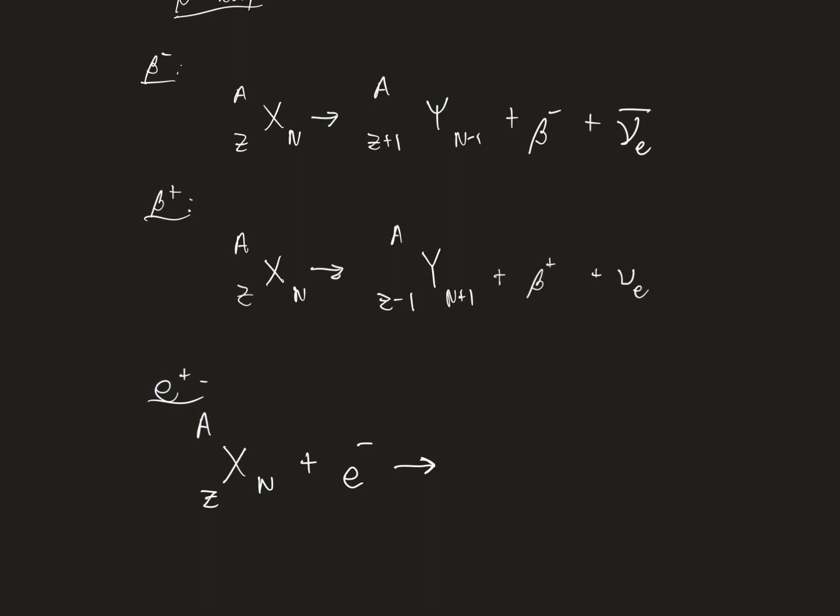What did you start with on all the previous ones? What was on the left-hand side? All the previous ones had this and only this. And they turned into a bunch of other stuff. This one starts with 2 things on the left-hand side. So this is going to grab an electron, and it's going to become Y, N plus 1, Z minus 1, A, plus an electron neutrino.